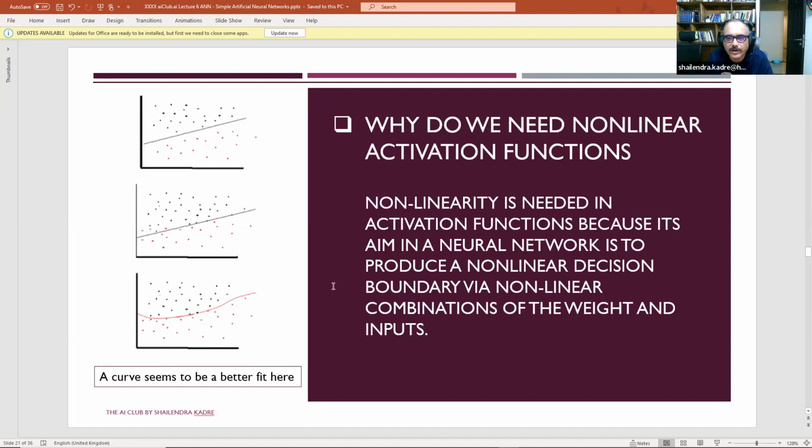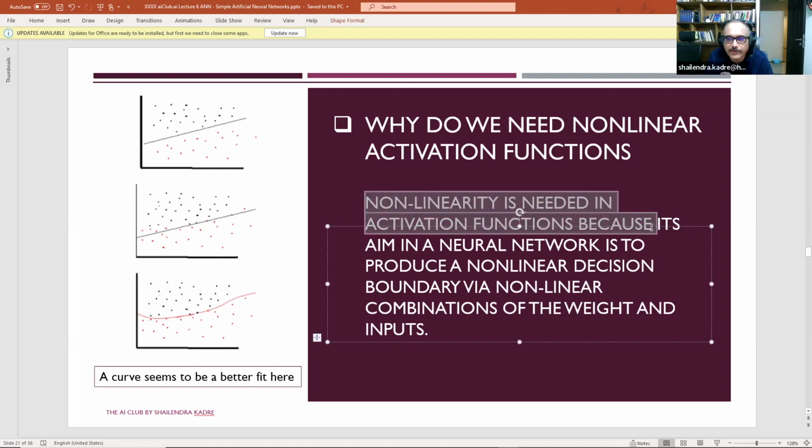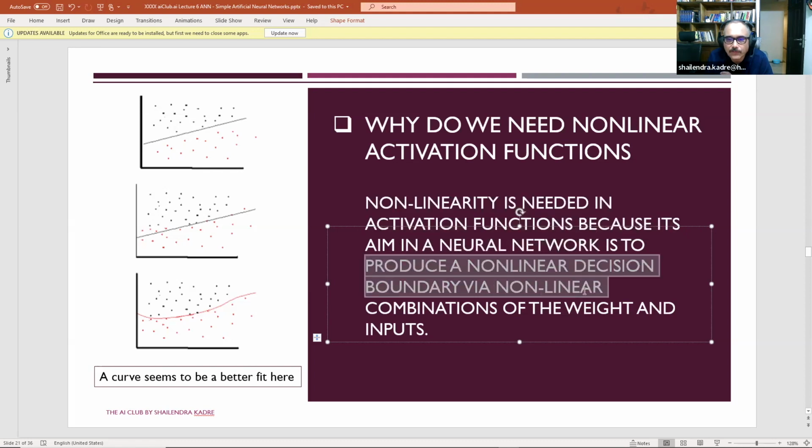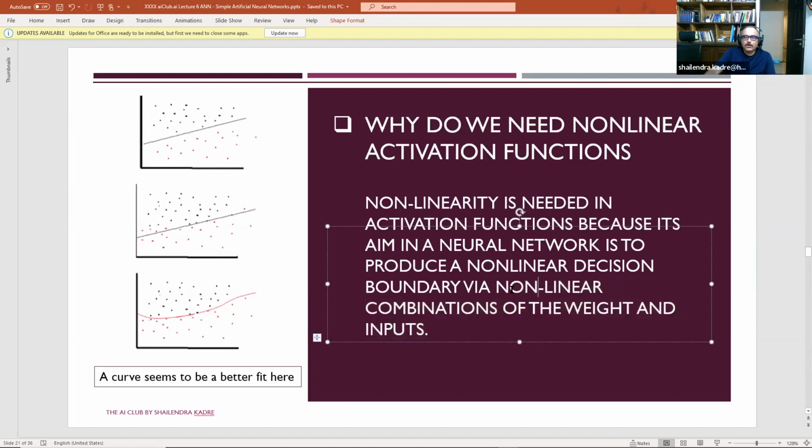It is written in front of you here. Non-linearity is needed in the activation function because the aim in the neural network is to produce non-linear decision boundaries via non-linear combinations of weights and inputs. So we want a non-linear combination of weights and biases.